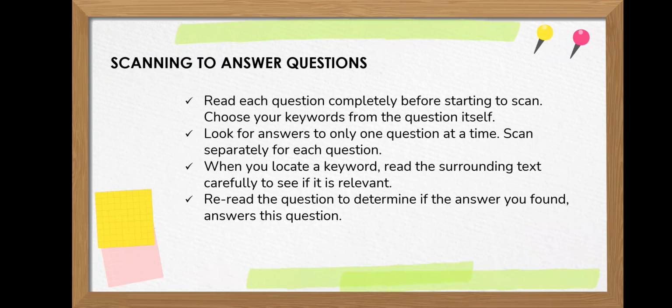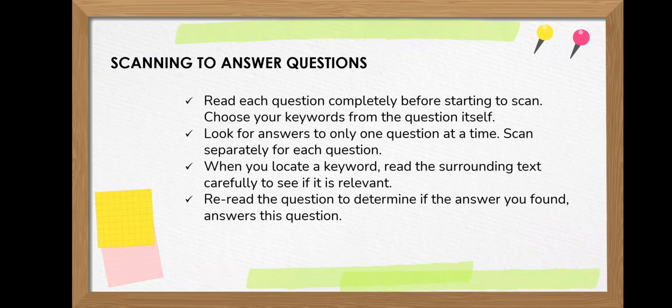Also, we have this one, scanning to answer questions, because sometimes there are on-the-spot questions in class from teachers, and you are given a very small amount of time. So first, read each question completely before starting to scan.